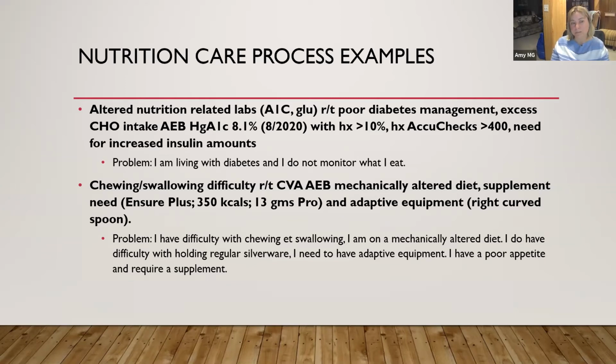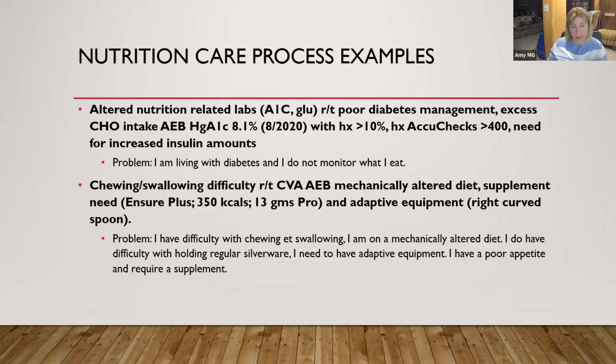And it was suggested that maybe I need to put what the supplement is and how many calories and how many grams of protein that supplement offers. In my charting, that diagnostic is there. I don't put how many calories or protein in the care plan, but you sure can.